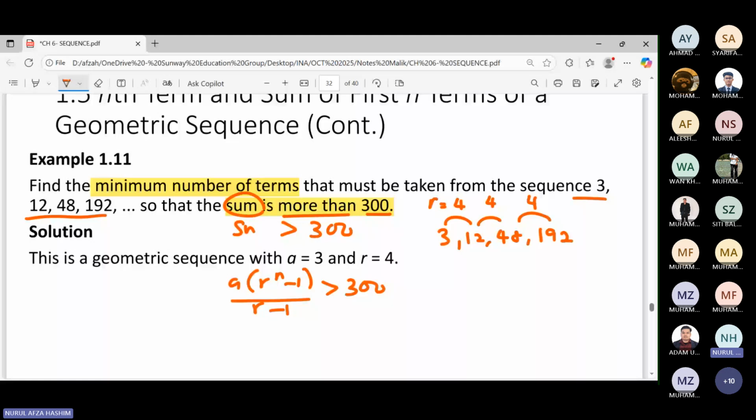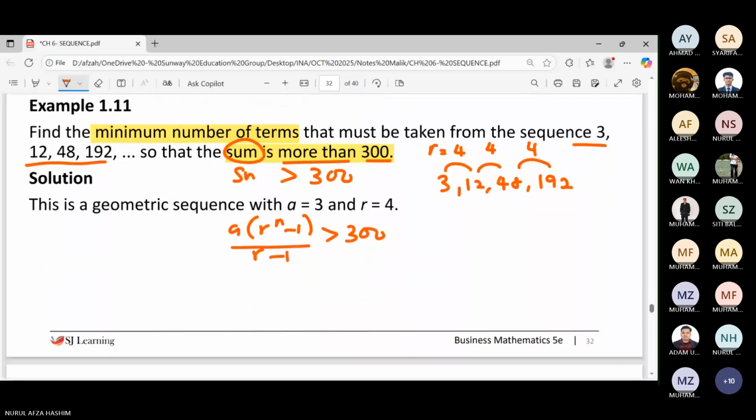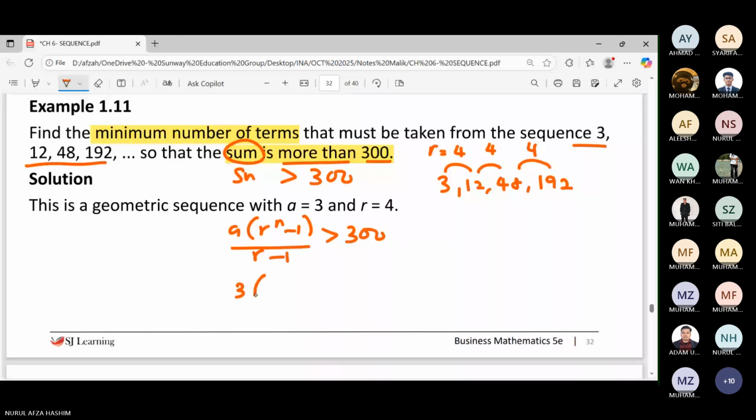Then you substitute the A value, which is 3. R here must be 4 power of, we don't know n, minus 1. And then here, divided by 3, larger than 300.